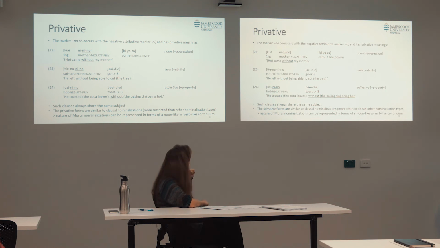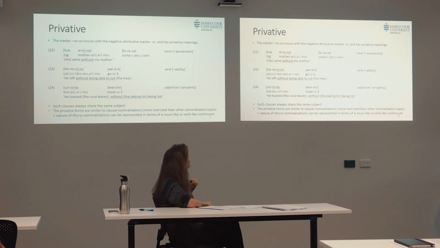In example 22 you have the privative marker following the noun. Kwe eni no bijata, I came without my mother. In example 23 you have the verb, which with this negative attributive marker gives the idea of lack of ability.